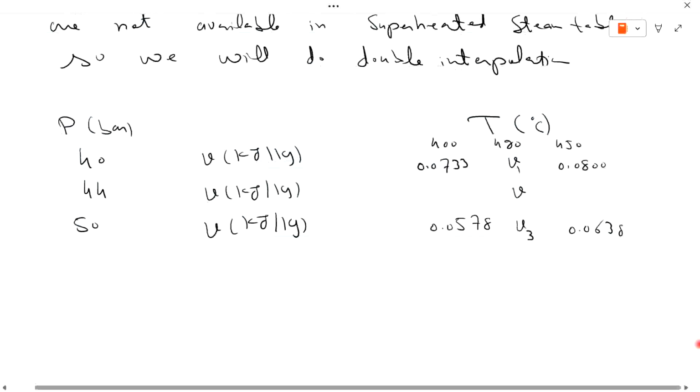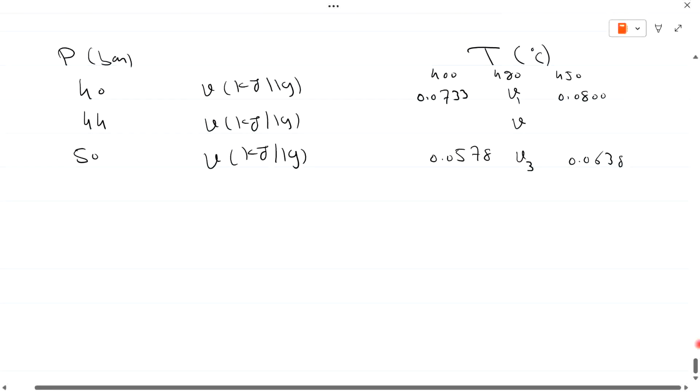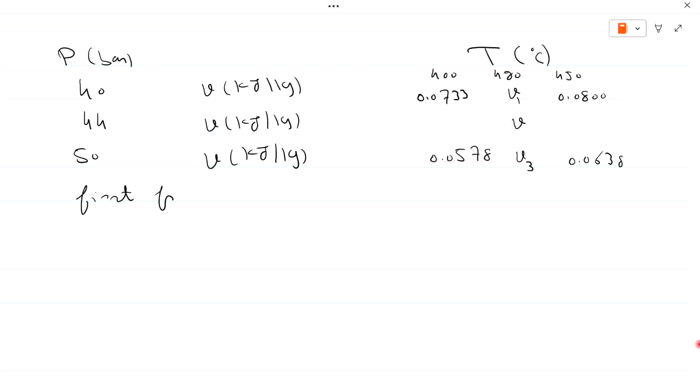First we find V1 at pressure equal to 40 bar and temperature equal to 420 degrees centigrade. So interpolate between 400 and 450 degrees centigrade.